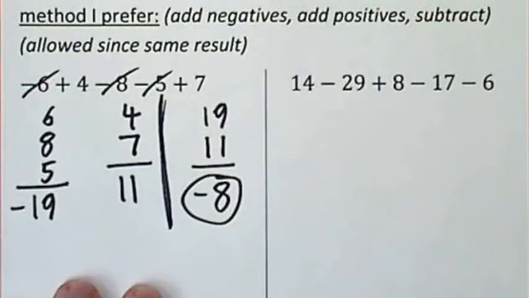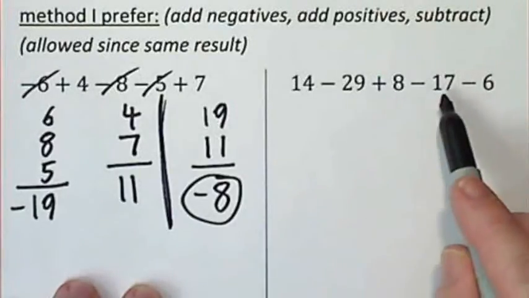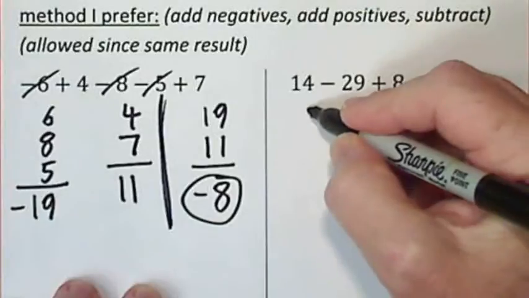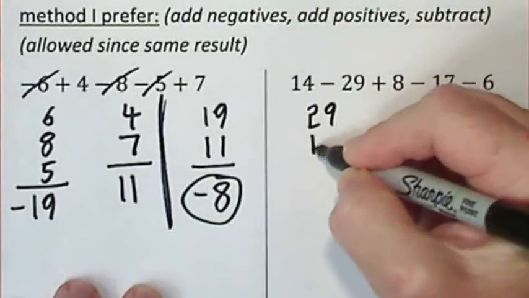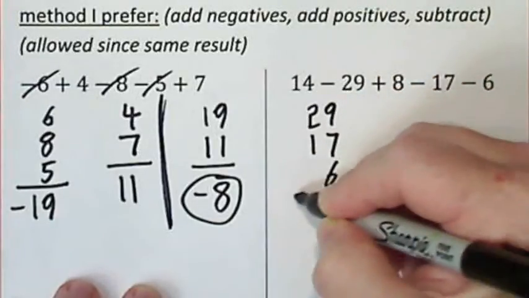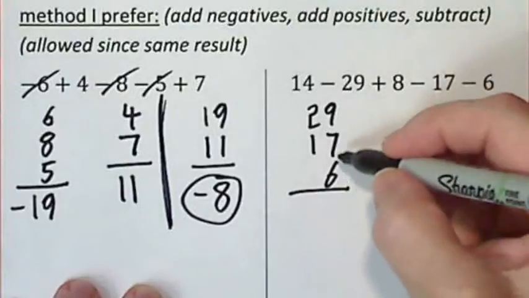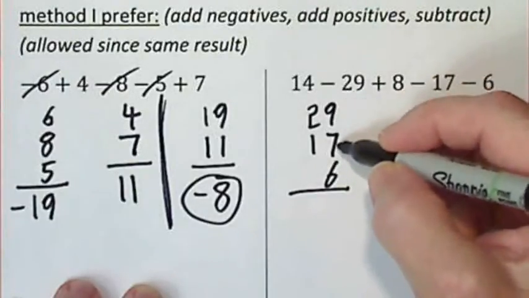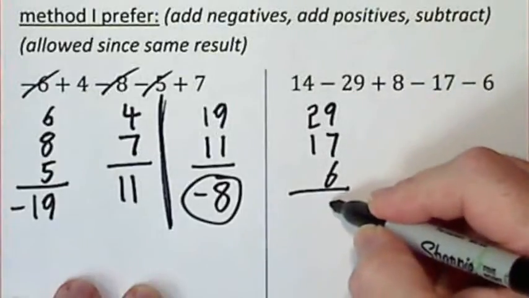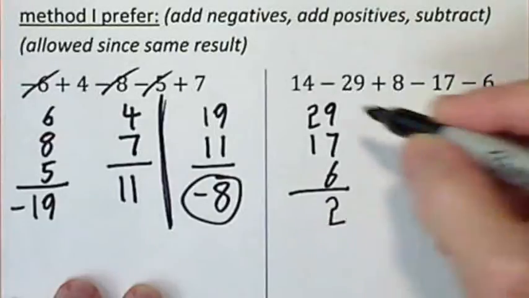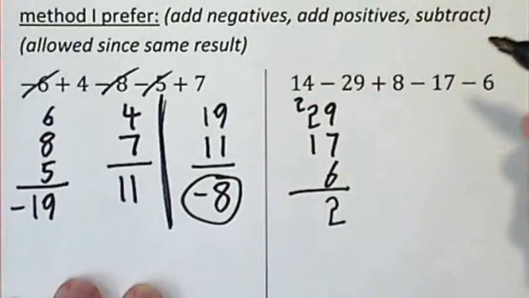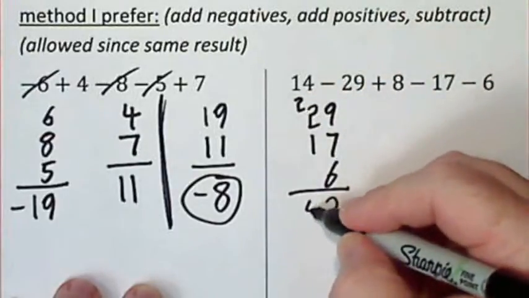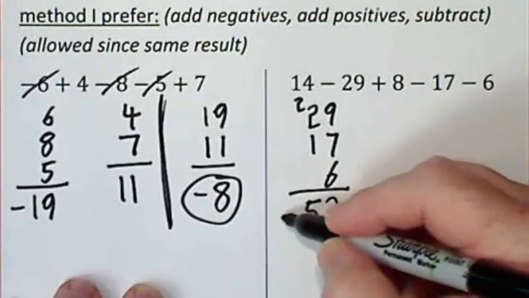I'll group together the negatives, 29, 17, and 6. And these are my negatives.